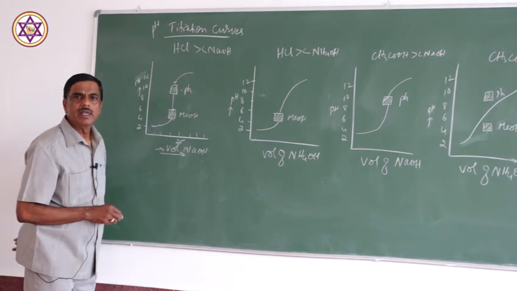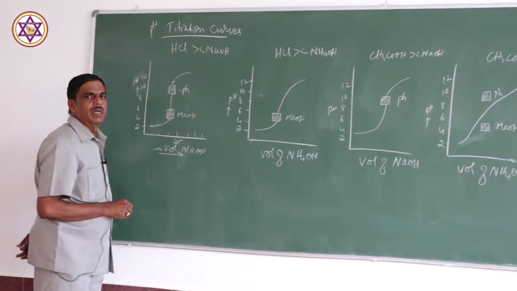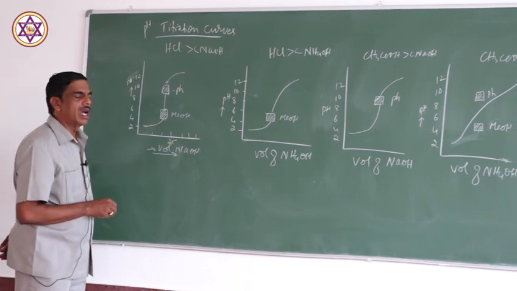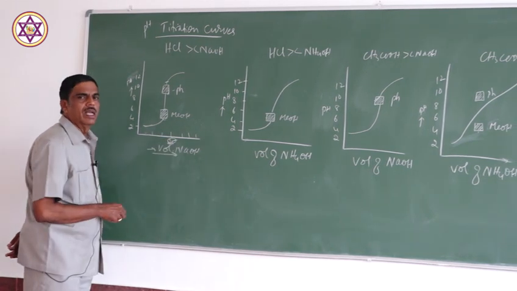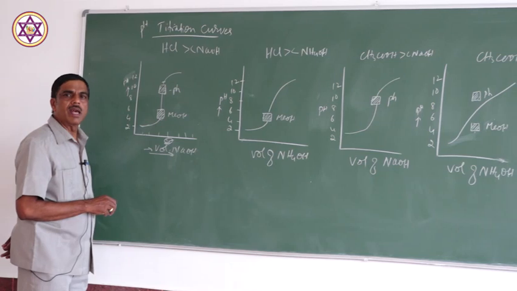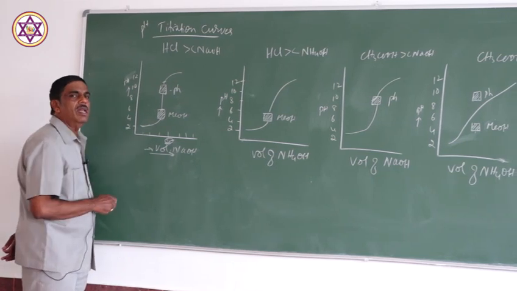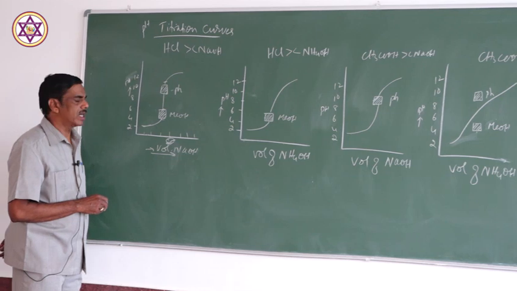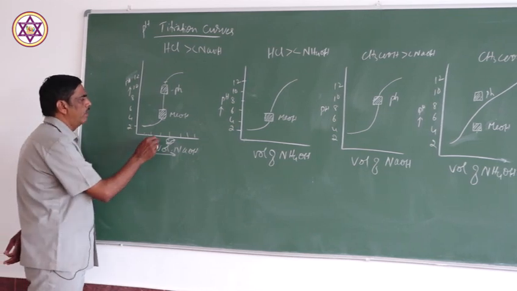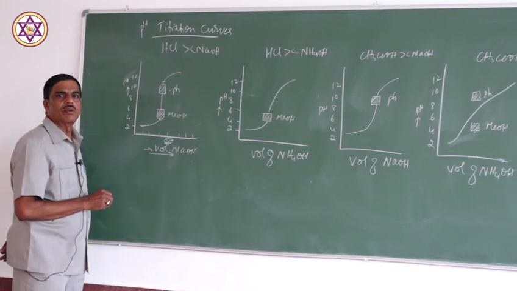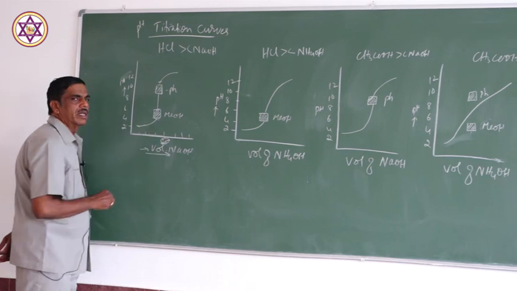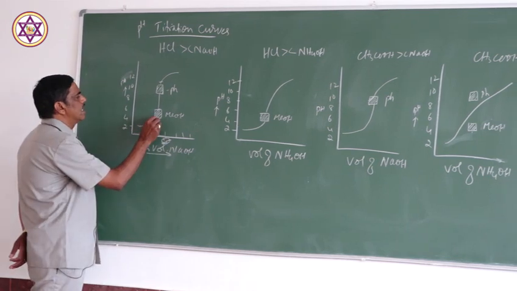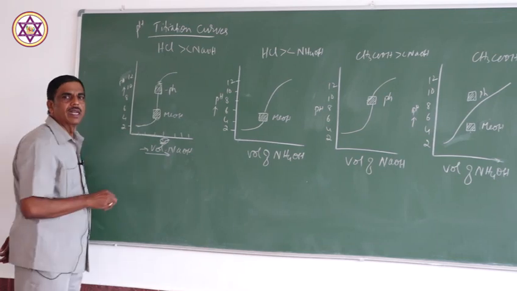When you add the volume required for the neutralization of 25 cc of HCl, say, for example, both of them are decinormal, it requires 25 cc of sodium hydroxide solution. So when the volume reaches 25, neutralization takes place. At the neutralization point, pH suddenly changes from 4 to 10.